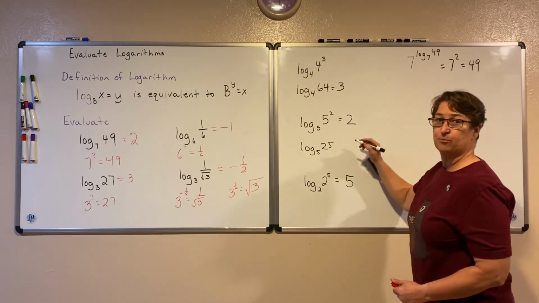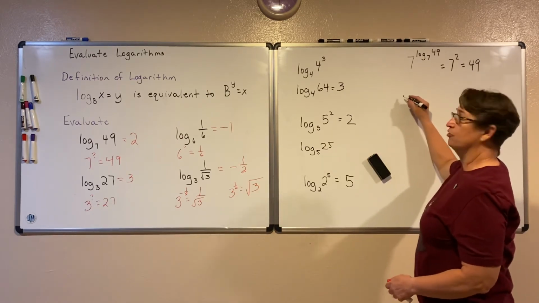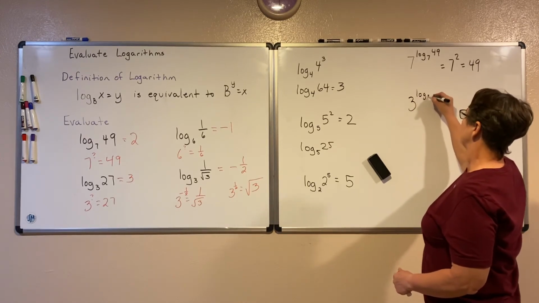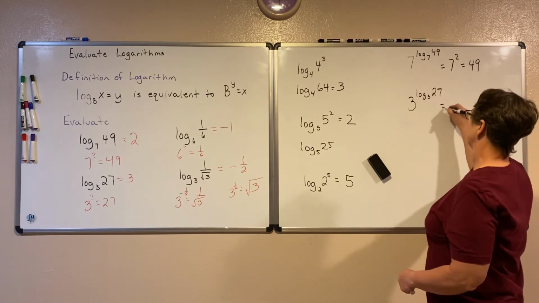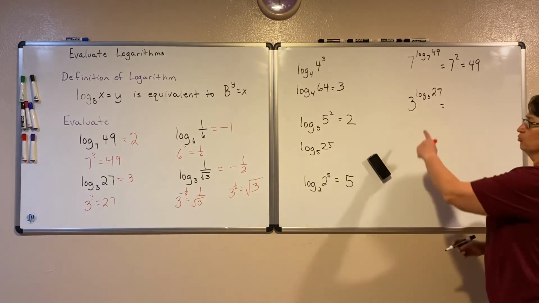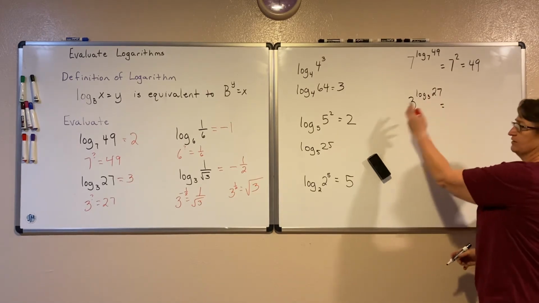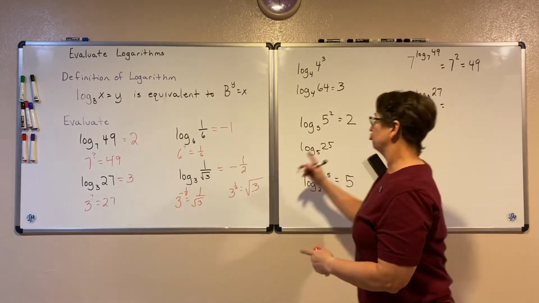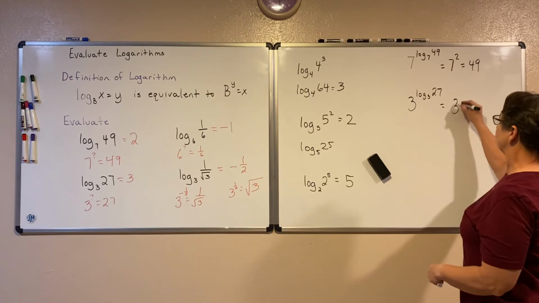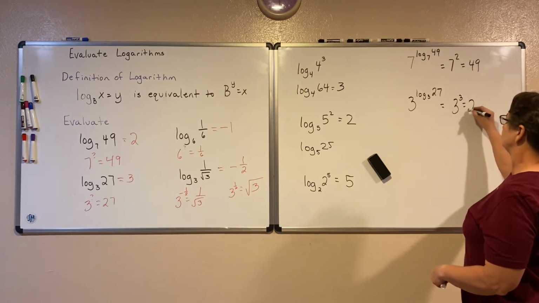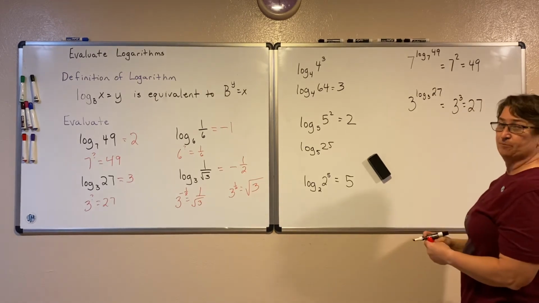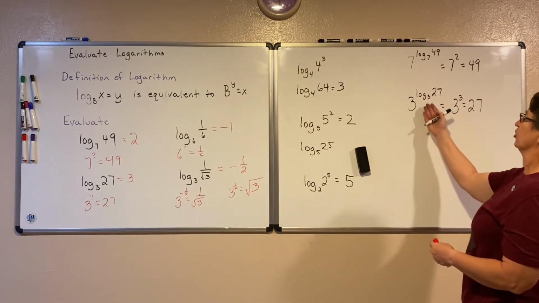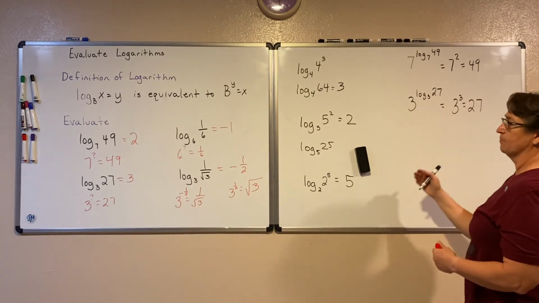Here's another example. How about 3 raised to the log base 3 of 27? Again, we know that log base 3 of 27, we did that earlier, is just equal to 3. So we could say this is 3 to the third power, which is just equal to 27.